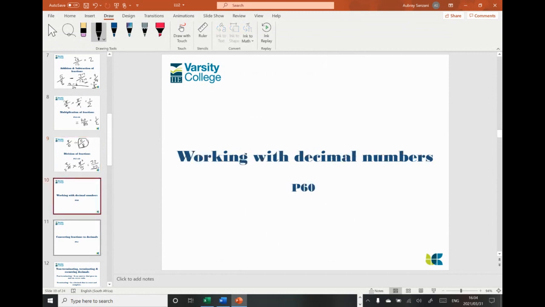Then working with decimal numbers. If we turn to page 60 in your textbooks, let's see what's going on over there.